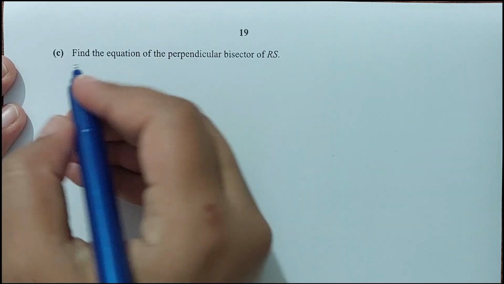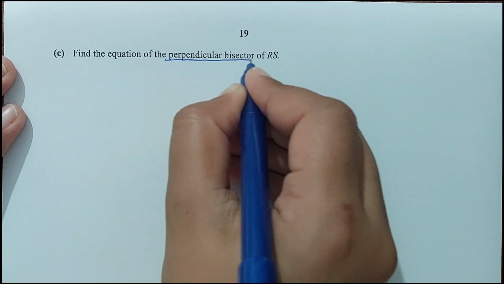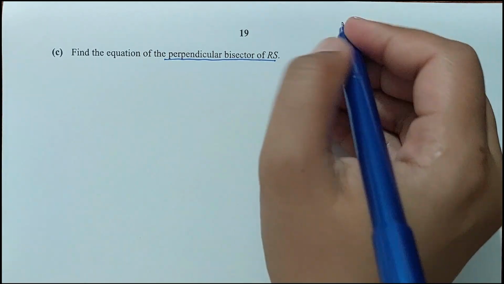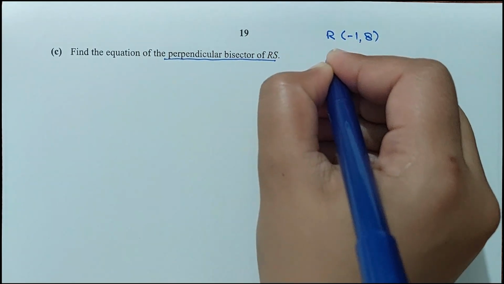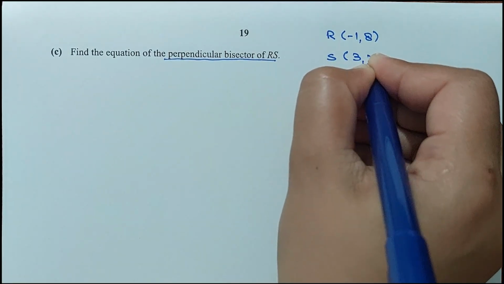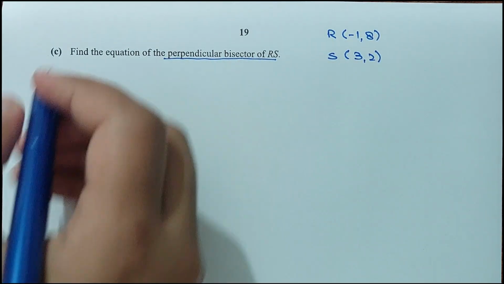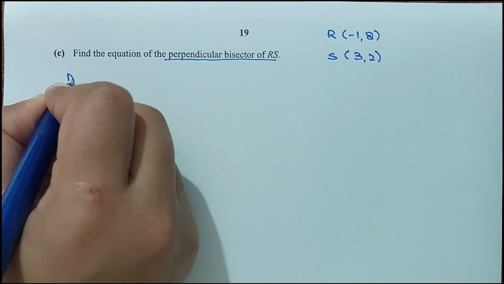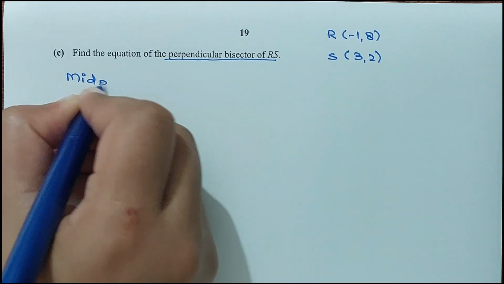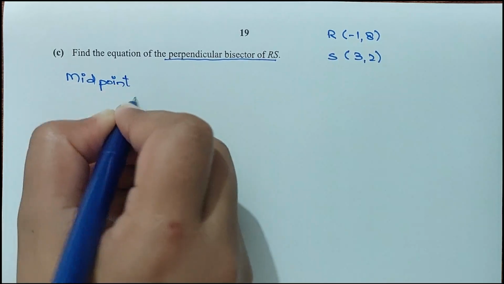Now for part C, find the equation of the perpendicular bisector of RS. We have R, which is minus 1, 8, and we have S, which is 3, 2. Perpendicular bisector. So for this, we need the midpoint of RS, and we have to find the gradient or slope.